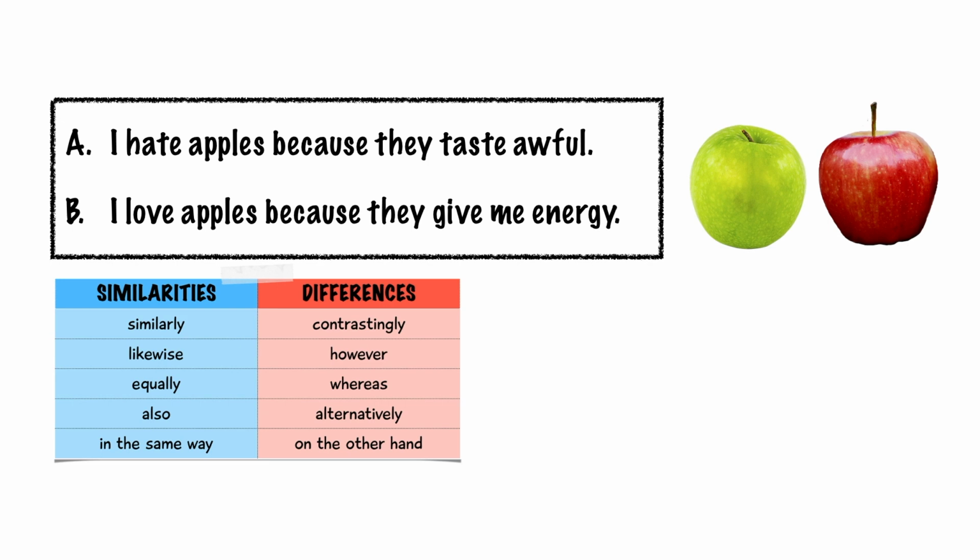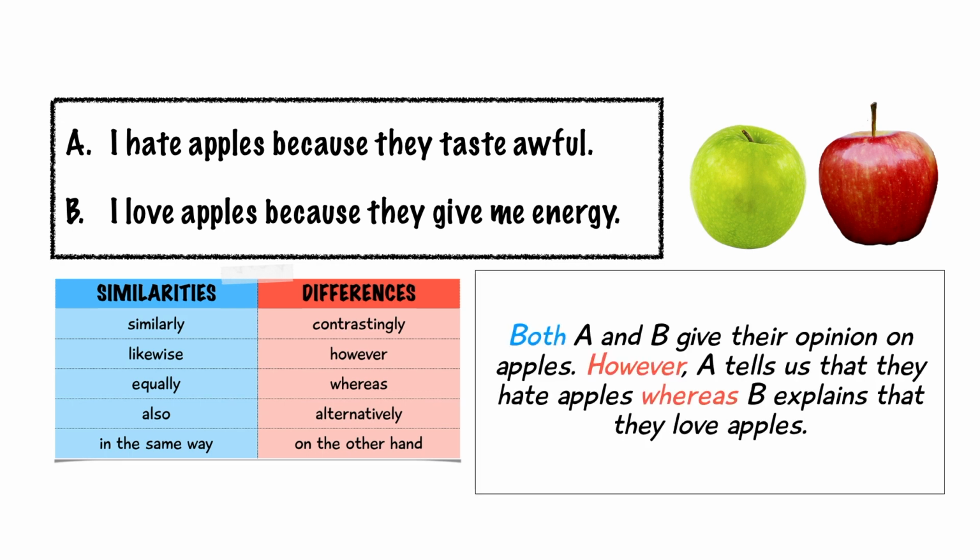However, their actual opinions on apples are different. So, if we were to write this up as a comparison, and again, using some of the discourse markers from earlier, we could write, both A and B give their opinion on apples. However, A tells us that they hate apples, whereas B explains that they love apples. So this is a very straightforward comparison.